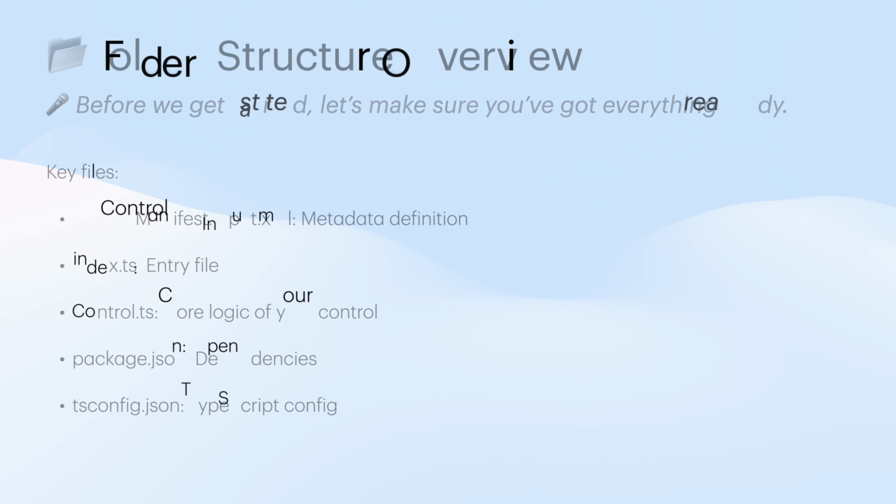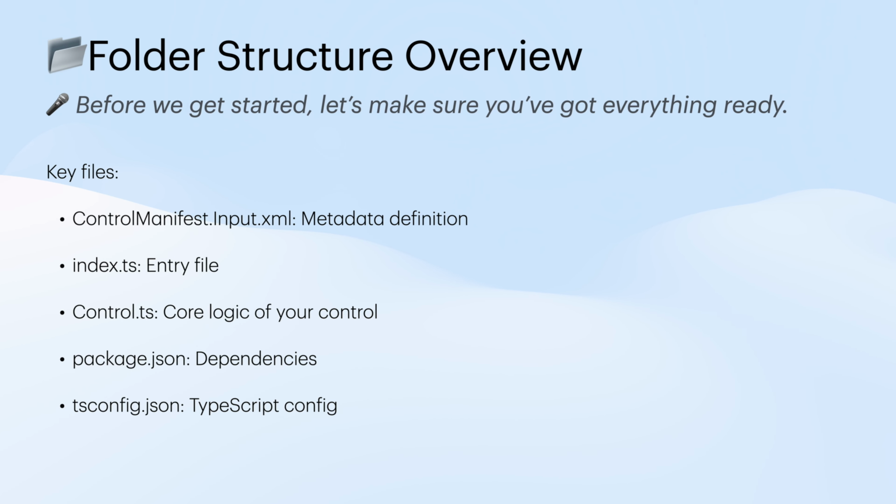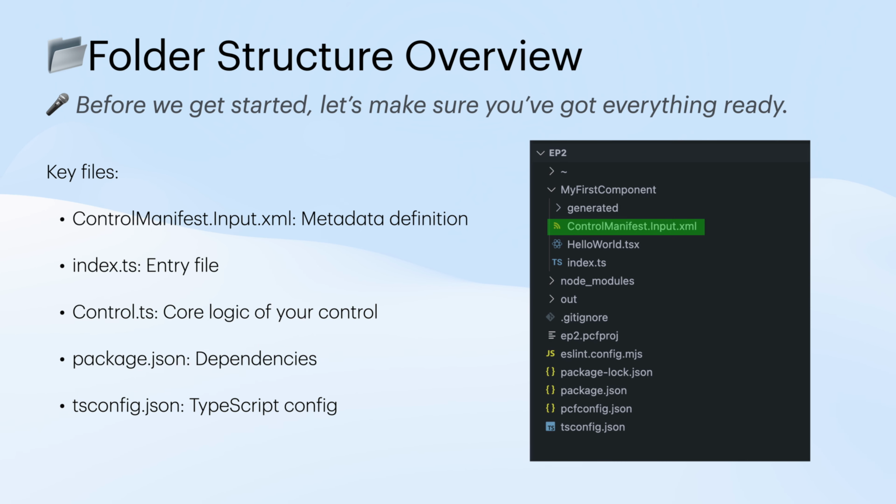Let's take a quick look at the project structure to get familiar with what just got created. ControlManifest.Input.xml. This defines your control metadata like name, type, inputs and outputs. Index.ts. This is the entry point that handles rendering and lifecycle.